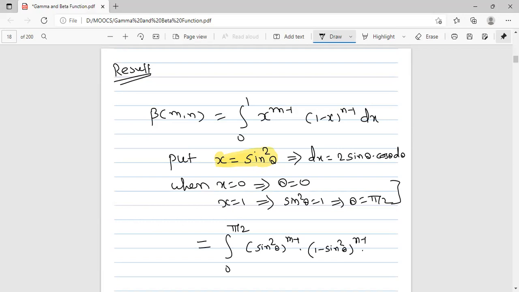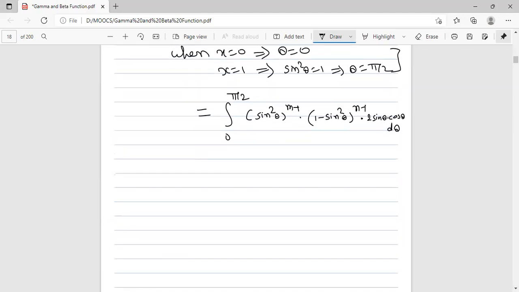And dx is 2 into sine theta into cos theta into d theta. On simplification we get 0 to pi by 2 sine theta raised to power 2m minus 1 minus 2, because 1 minus sine square theta is cos square theta, so cos square theta raised to power n minus 1 into 2.